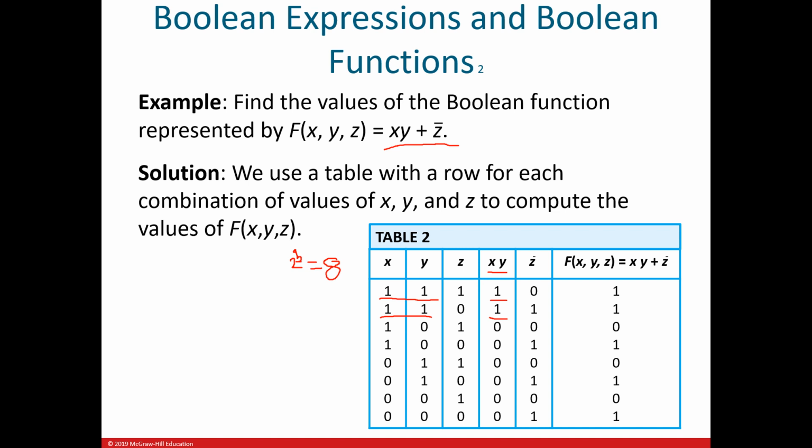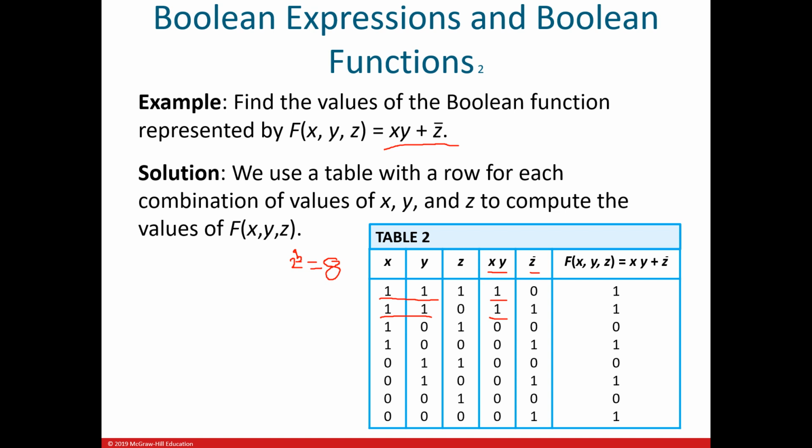In all the remaining rows, either x or y is 0, so all the other rows are 0. Now for z, we calculate the z complement. Whenever z is 1, z complement is 0, and so on, and then this column is calculated.